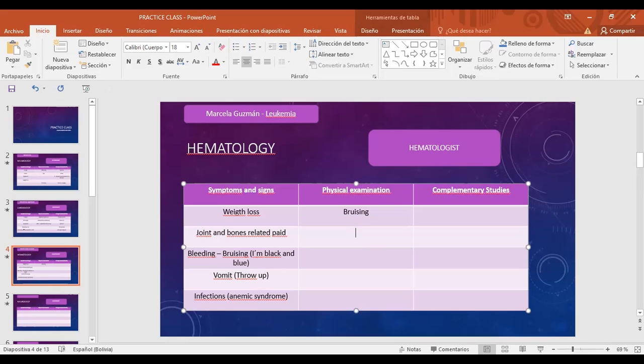This person would, first of all, be thin, right? Do you know the meaning of thin? Yes, it's when someone looks a little bit with less mass.